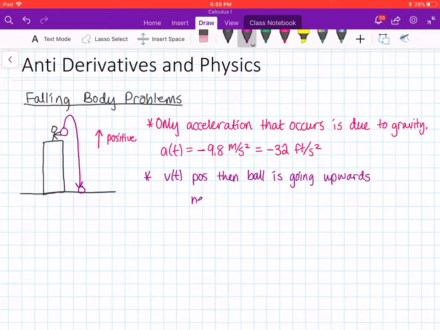If it's negative, then the ball is going downwards. We have s of t, which, if you remember, is the position function, and it's the height above the ground.